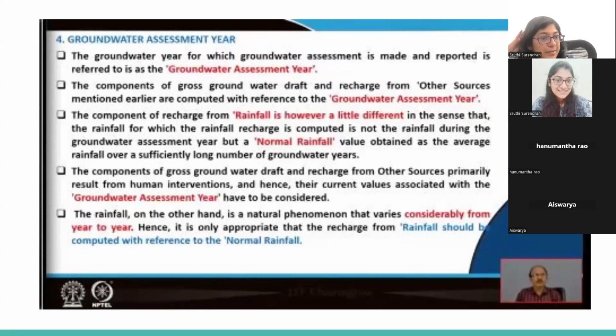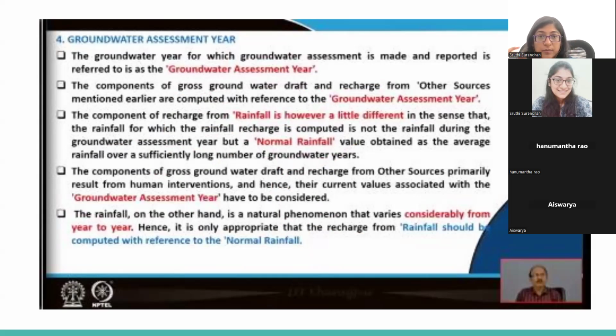This happened in 2017, so that year can be called a groundwater assessment year. A lot of components are considered: groundwater draft, recharge, recharge from rainfall. A lot of assessment is conducted. That is the difference between groundwater year and groundwater assessment year.